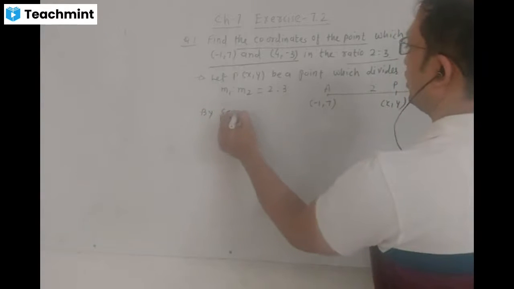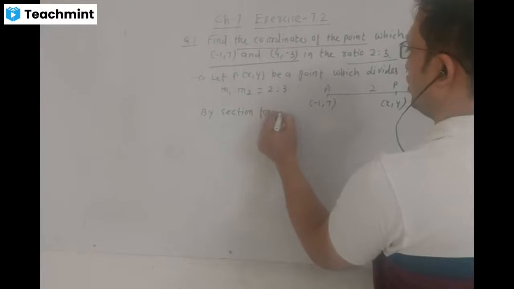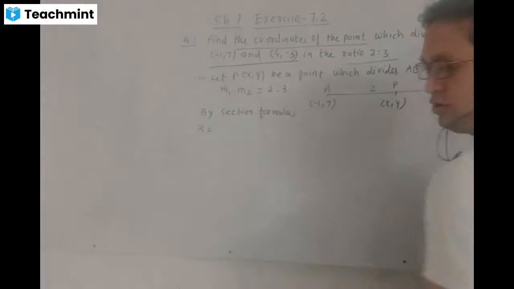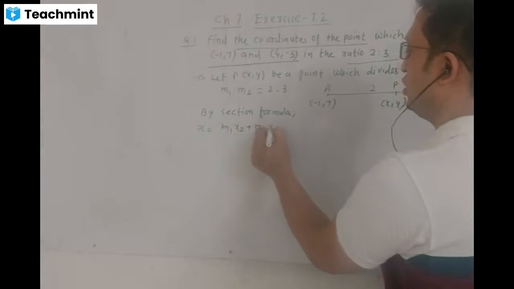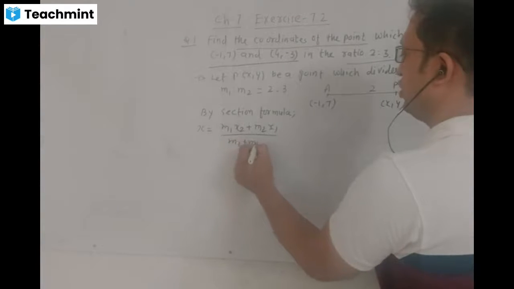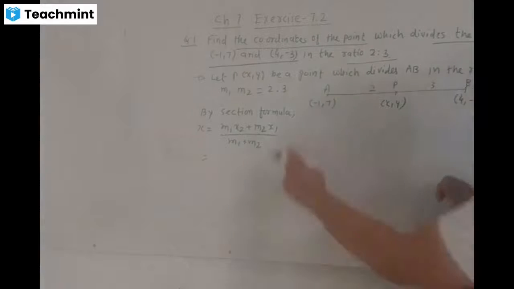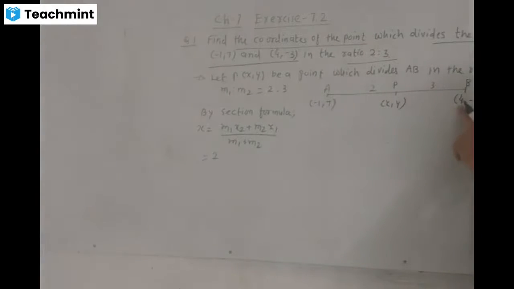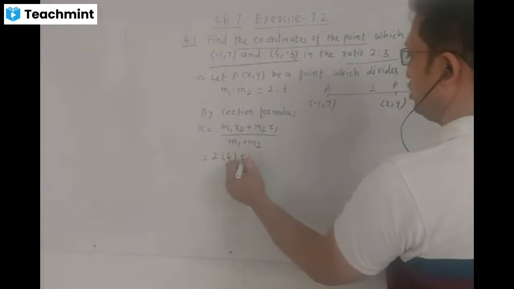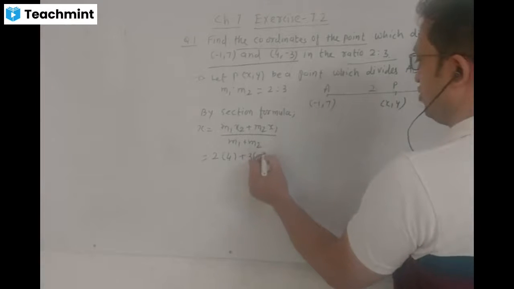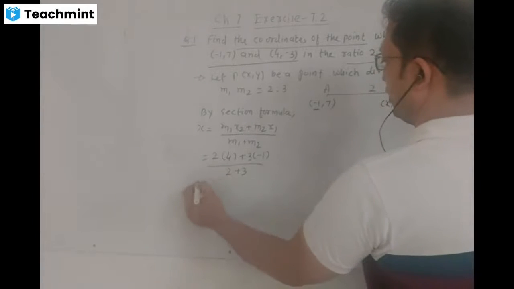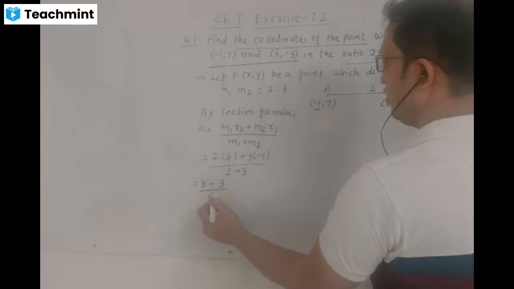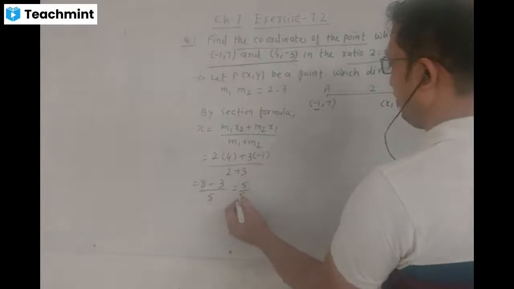By section formula, x is equal to (m1 x2 plus m2 x1) divided by (m1 plus m2). m1 is equal to 2, x2, the first coordinate of B, is equal to 4, m2 is equal to 3, x1 is minus 1, divided by 2 plus 3. 2 fours are 8, minus 3, divided by 5, that is 5 divided by 5, that is 1.